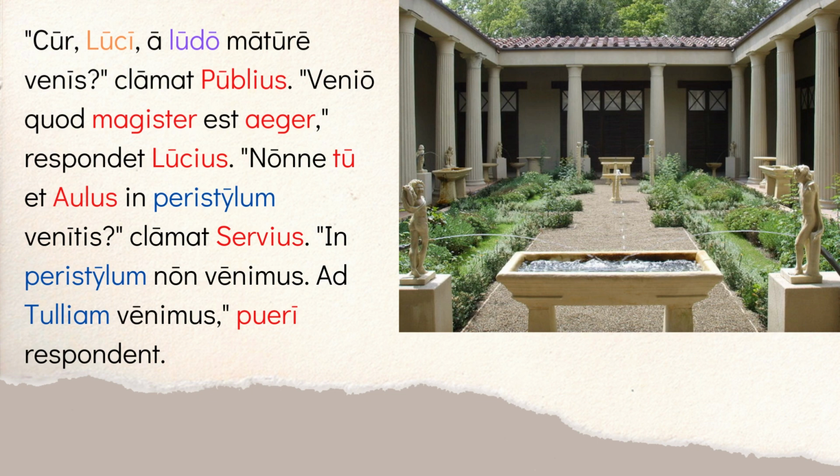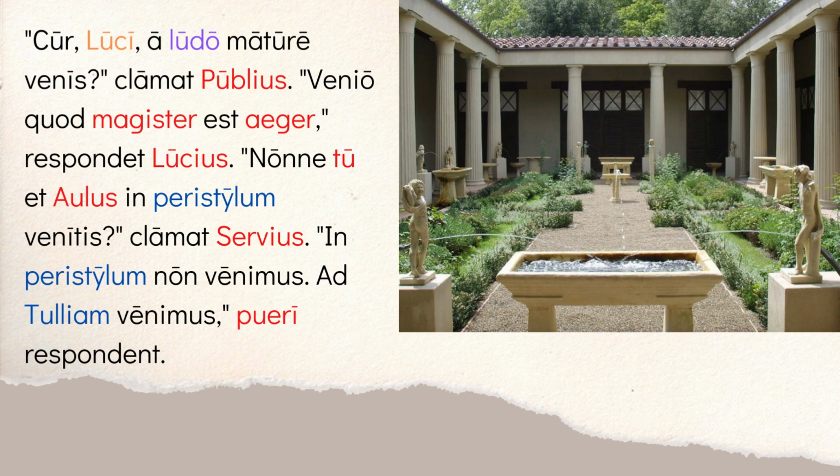Then you have another question. Nonne tu et Aulus in peristylum venitis, clamat Servius. So again, the nonne means you're asking a yes or no question where you're expecting the answer to be yes. So he's saying, surely you and Aulus, tu et Aulus, venitis, you are coming into the peristyle, in peristylum. So it's almost like saying you're coming into the peristyle, right? Like you're going to come play with us. Servius shouts. The response is, in peristylum non venimus, right?